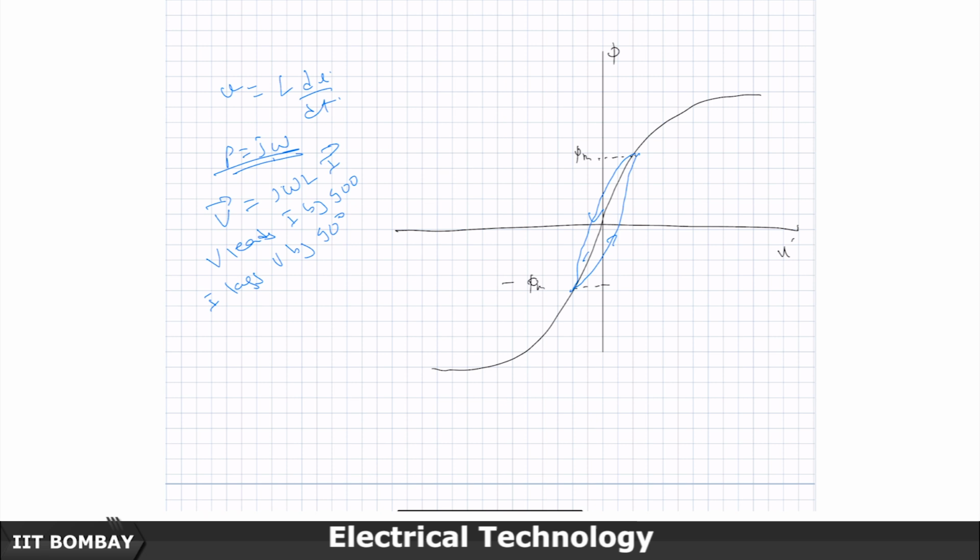But due to hysteresis, and I will show it graphically, there is a loss associated with it. So, 90 degree lag means power factor is 0, and power factor 0 means there cannot be any active power dissipation happening in it.